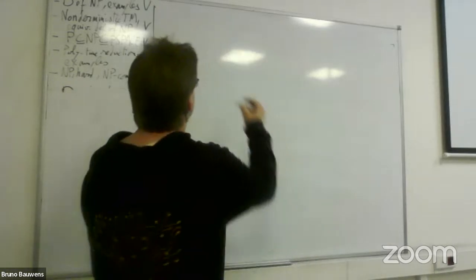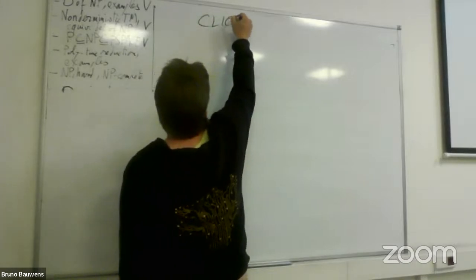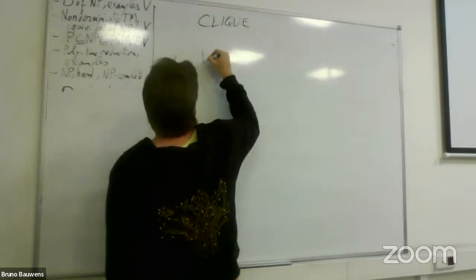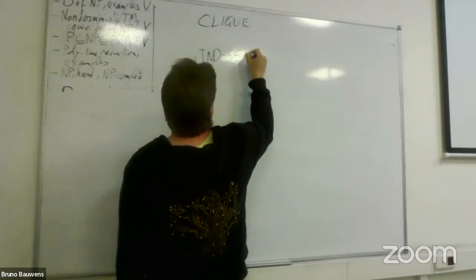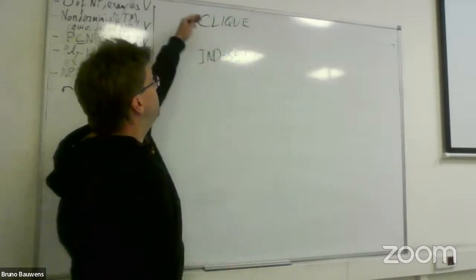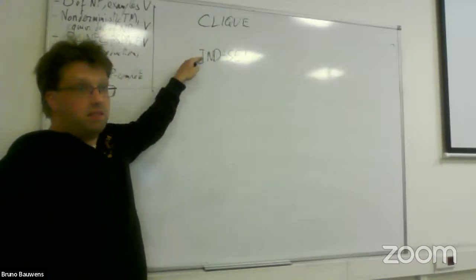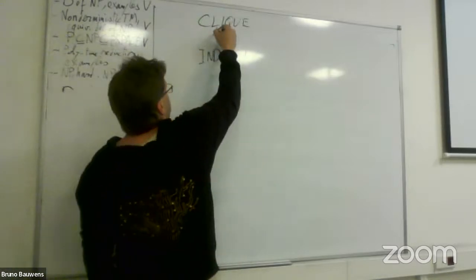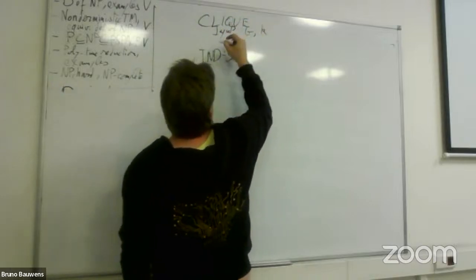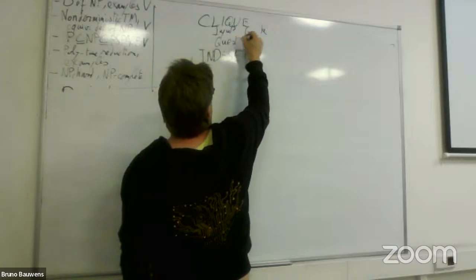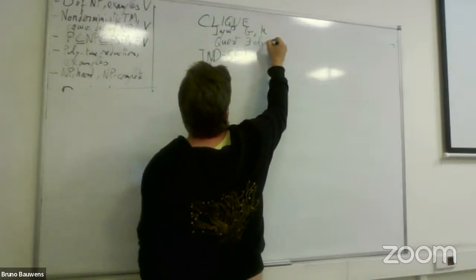So, for example, the clique problem, and remember the independent set problem. So you can reduce the clique problem to the independent set problem. Remember, the input is a graph and a number k, and the question is: does there exist a clique of size k?